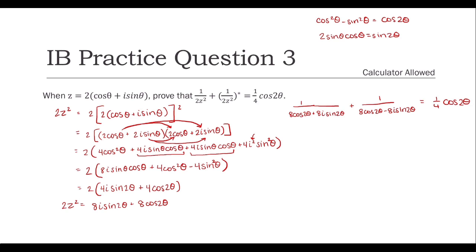So the new numerator of the first one will be 8 cosine 2 theta minus 8i sine 2 theta. And then we'll add our new numerator of the second one, which would be the denominator of the first. So 8 cosine 2 theta plus 8i sine 2 theta.